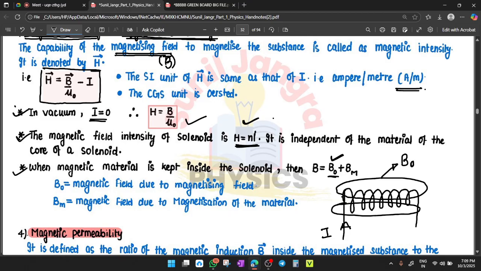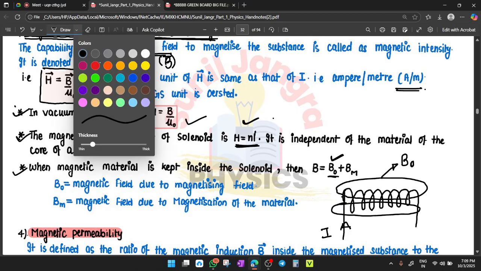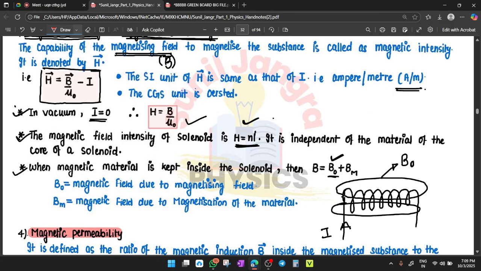Clear? But when you insert a magnetic material, look here. When you insert an iron rod or any rod, copper rod inside this coil, then this current will magnetize this rod also.